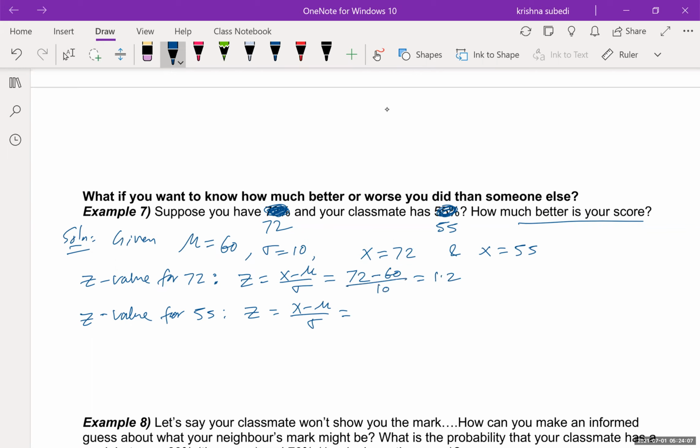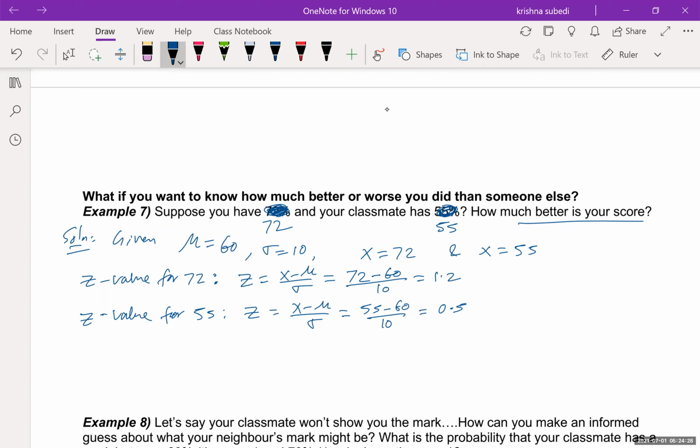And this one is 55 minus 60 divided by 10, which equals negative 0.5. Okay, any question so far?